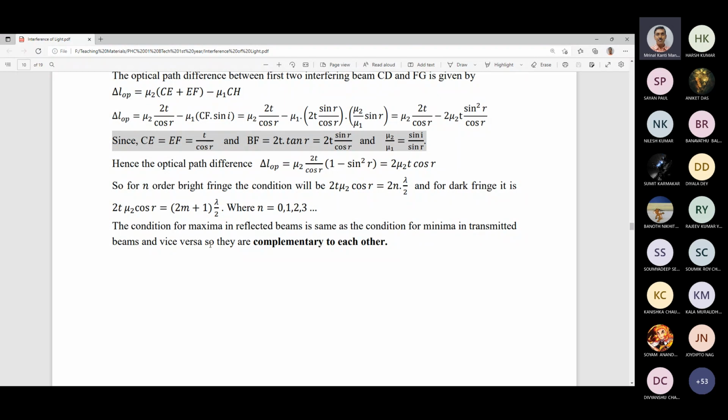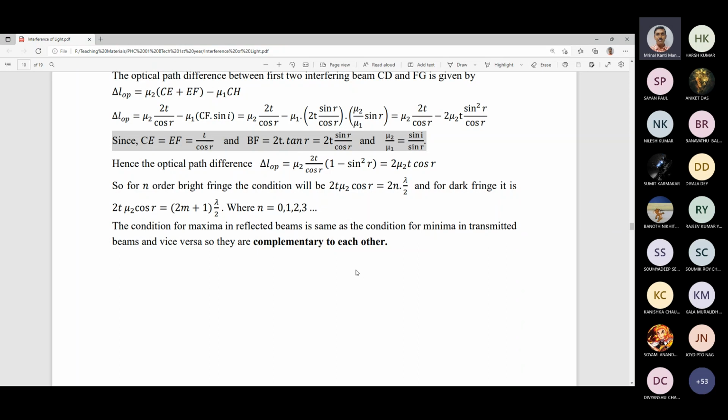So the condition of maxima and minima will be reversed in the case of transmitted and reflected beams for a glass plate. They are complementary to each other, right?